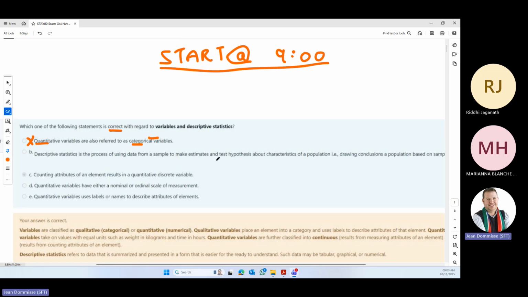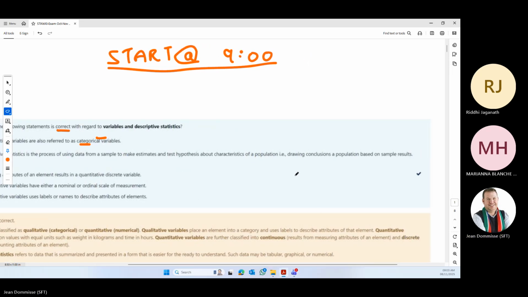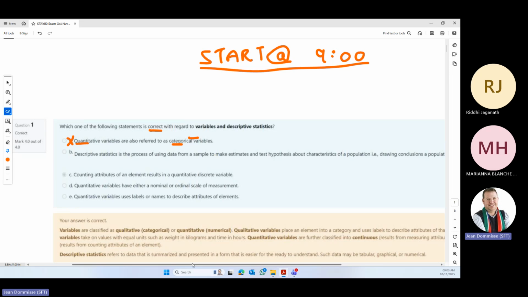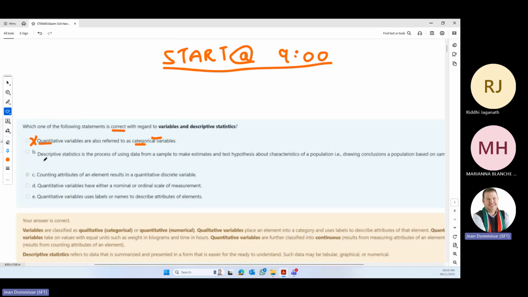Okay, what would you guys have said around this one? Descriptive stats is the process of using data from a sample to make estimates and test hypotheses about characteristics of populations.